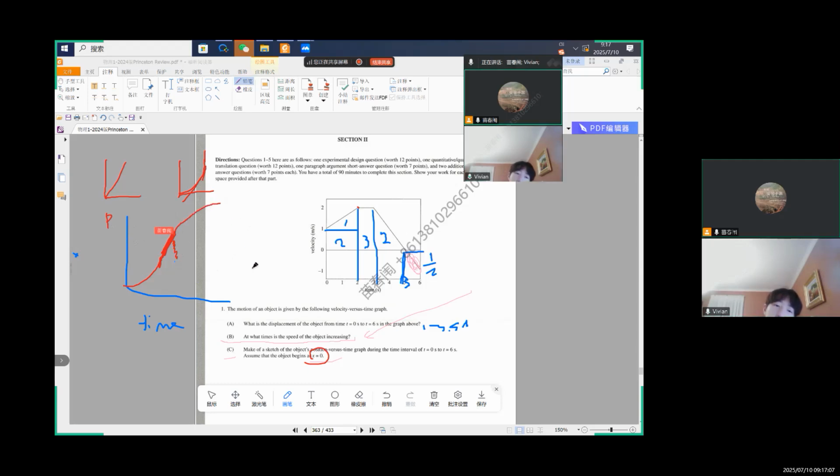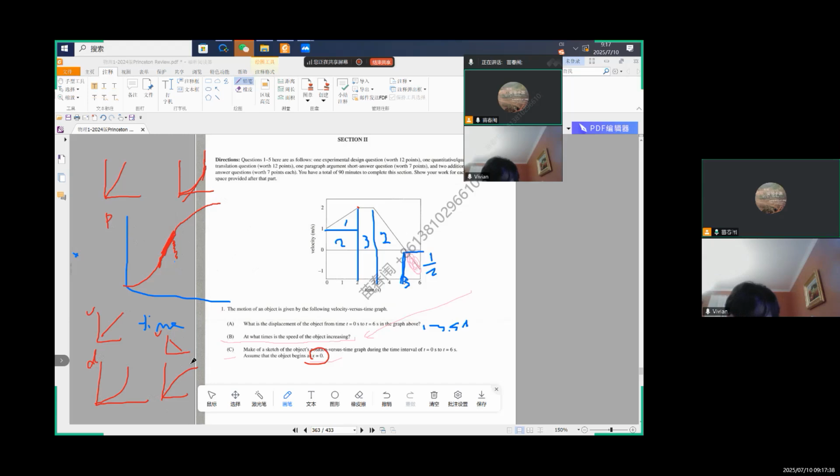So remember, we find this one, we also find the other one. This is decreasing velocity. So the straight line, and then the other one is a quadratic.